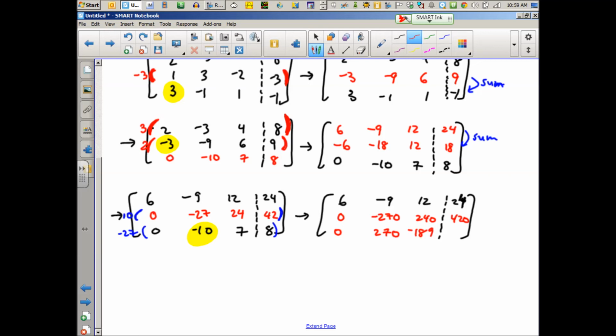And then 27 times 8, 56, 216. Let me check. 27 times 8, 216. Yeah, 216. And it's negative. You guys are going to correct me if I make mistakes, right? Okay, then we're going to add these 2 rows together, obviously.